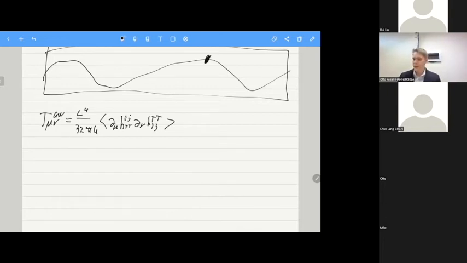And this gives you an actual definition for the gravitational wave stress energy tensor, so how much energy is contained in a gravitational wave.